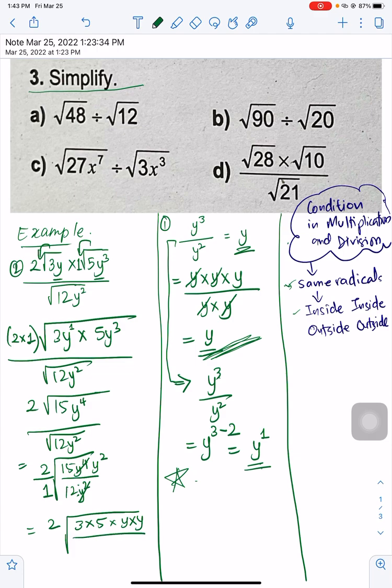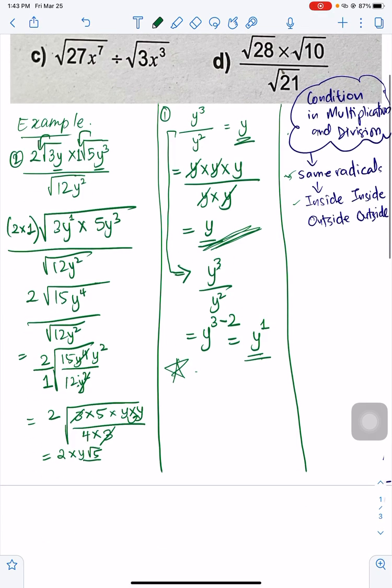Then 12 means 4 into 3 is also 12, so you see, 3 and 3 get cancelled. Then the y is repeating twice, which means one of the y's gets outside. Inside you are left with 5. Then in the denominator, root 4, so which means 2y root of 5.